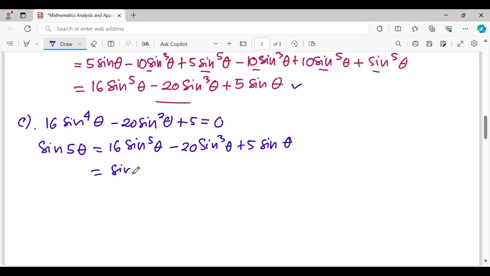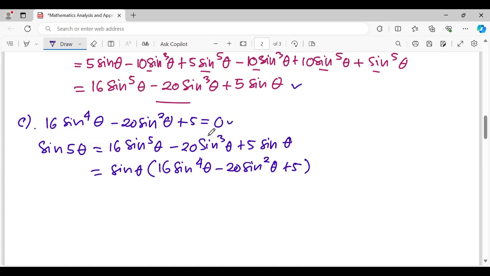Factorize sine theta: sine theta times (16 sine to the power 4 theta minus 20 sine squared theta plus 5).